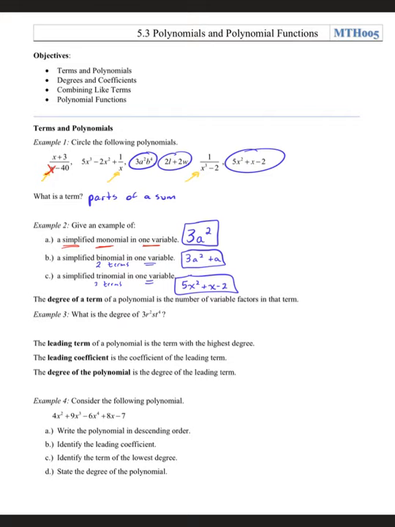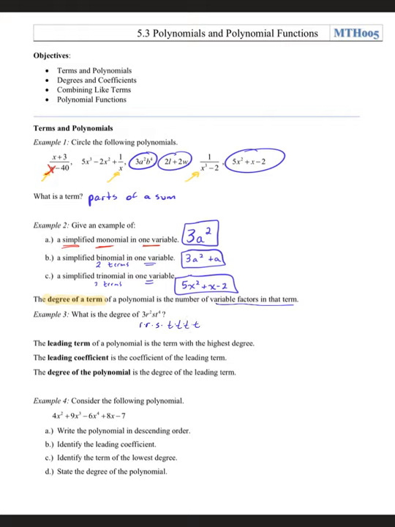The next term we're looking at is what we call degree of a term. Degree of a term in a polynomial is the number of variable factors in that term. So the number of variable factors. Looking at this one, what is the degree of 3r squared st to the fourth? You see that we have 2 r's, an s, and 4 t's.